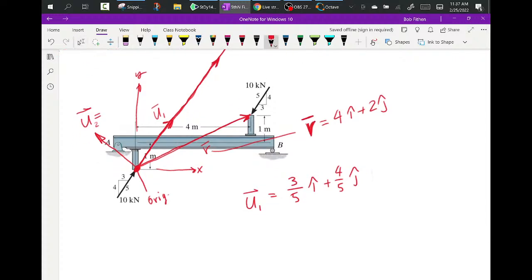Now, I want a vector u2 which is perpendicular to u1. So how do I do that? This vector moves up as well, but it moves back to the left, 4/5 i and 3/5 j.